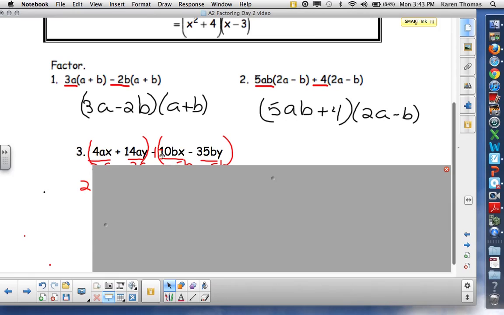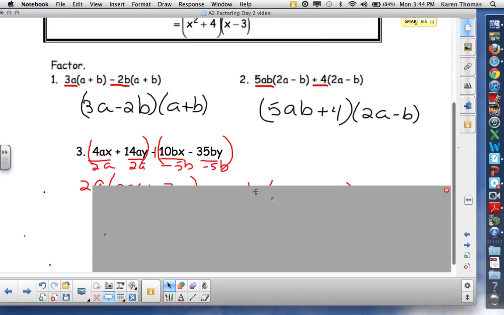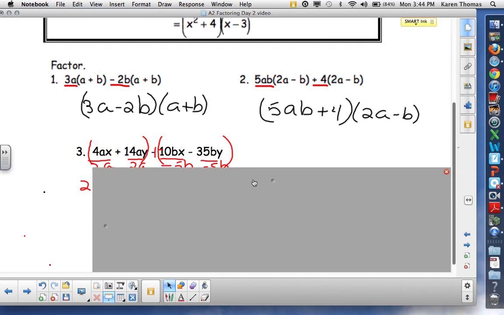So I am simply going to put parentheses around my 4ax and my 14ay, put parentheses around my 10bx minus my 35by, and factor out the common factor. One thing you might notice here, on this minus 10bx, I crossed the line and changed the sign, so I have plus negative 10bx now inside my parentheses.